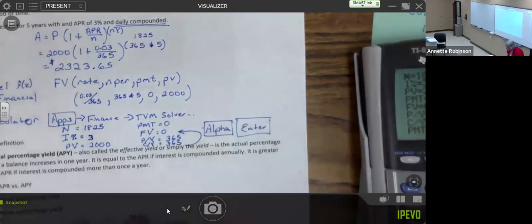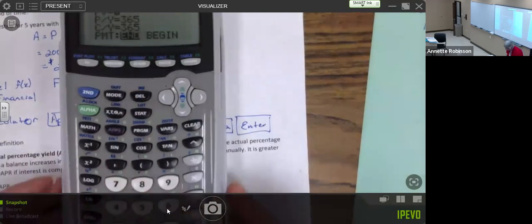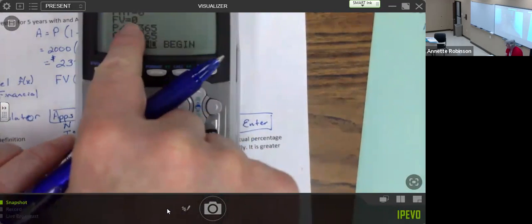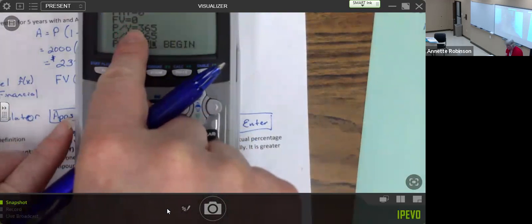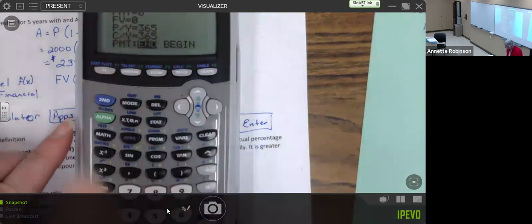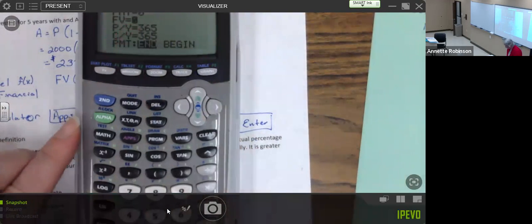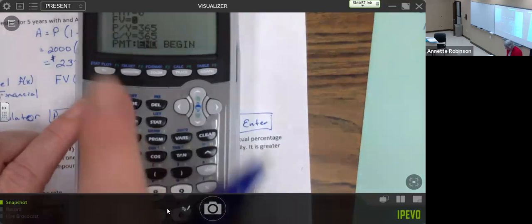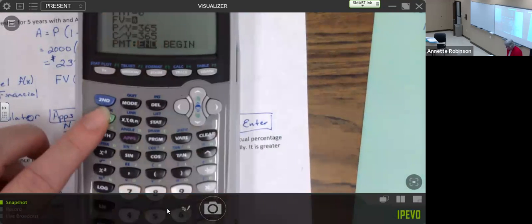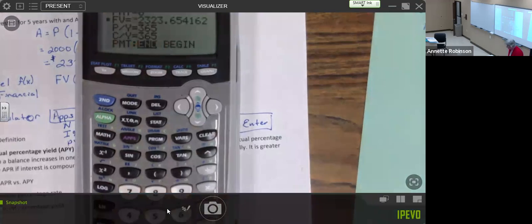The reason why is if you look in green letters above the enter, it says solve. That's what you're asking it to do. Now, again, you've got to be on the FV line. If you're not on the FV line, it won't work. But on the FV line, I'm going to hit alpha, enter, and there's that answer we found before in Excel.